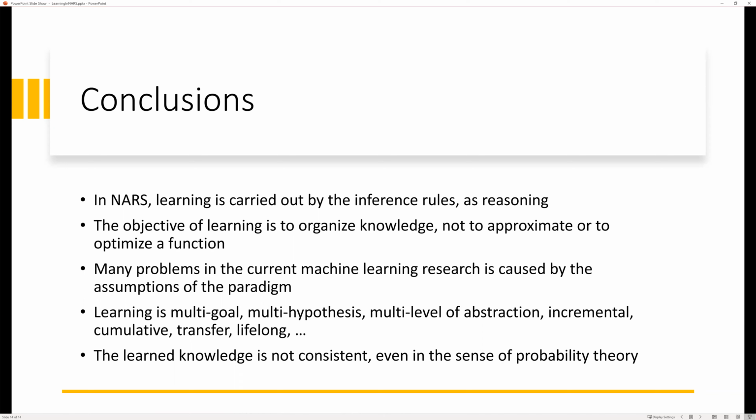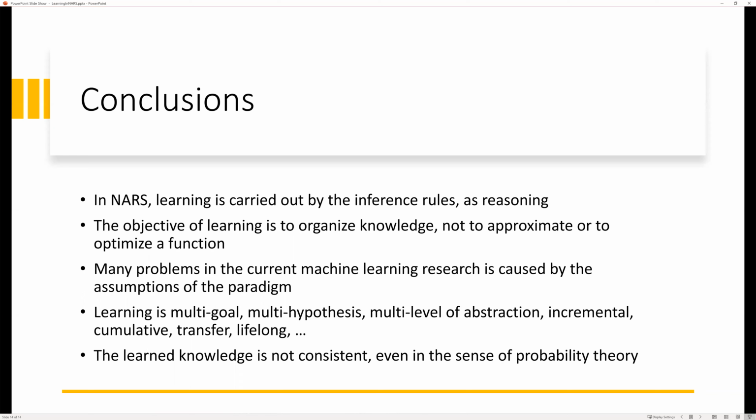Okay. So I also see many current machine learning problems as not really general problems in AI. It's actually a problem specific to the machine learning paradigm. For example, now people are talking about different types of learning, say transfer learning, lifelong learning, cumulative learning, incremental learning, with multi-goal, multi-hypothesis, multi-level of abstraction.